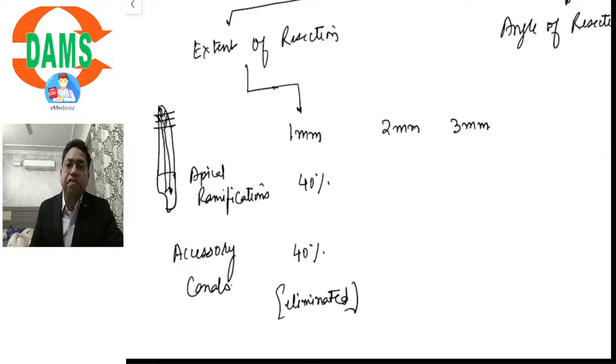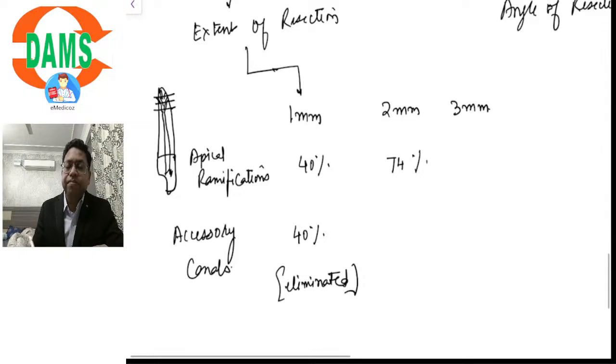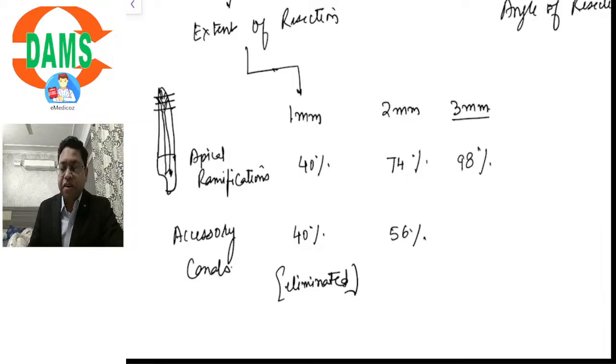If I increase the extent of resection to 2 millimeter, nearly 74% of the apical ramifications and nearly 56% of the accessory canals are eliminated. On the other hand, if I increase my extent of resection to 3 millimeters, 98% of the apical ramifications and 93% of the accessory canals are eliminated or removed.